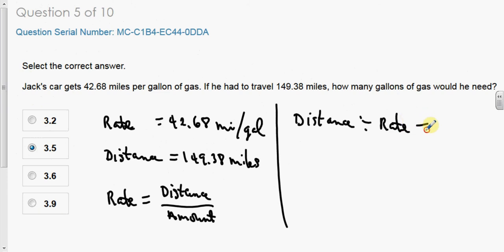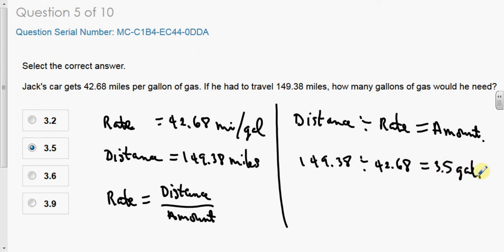And that will leave us with the amount. So here, this is 149.38 divided by 42.68. Now let me check that on my calculator, and we get 3.5. And that's gallons. So how many gallons of gas would be needed? 3.5 gallons of gas.